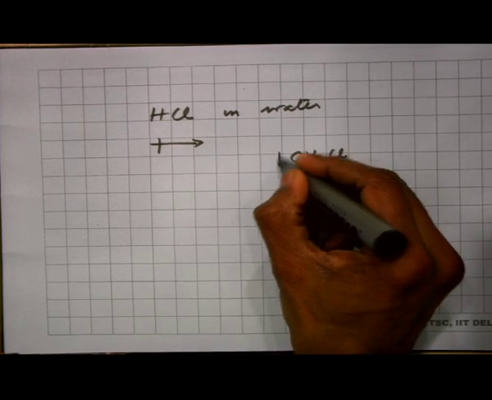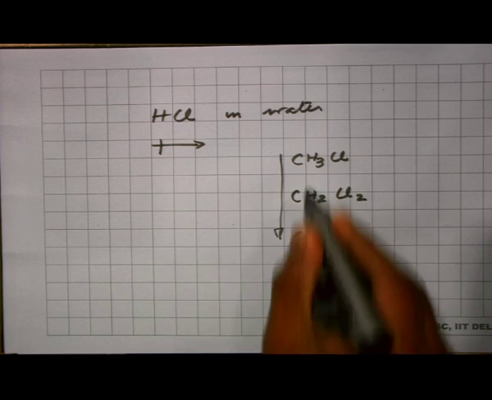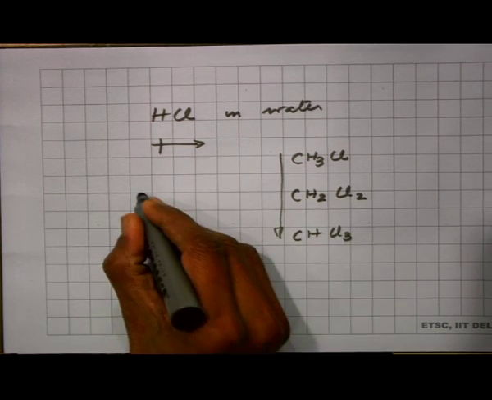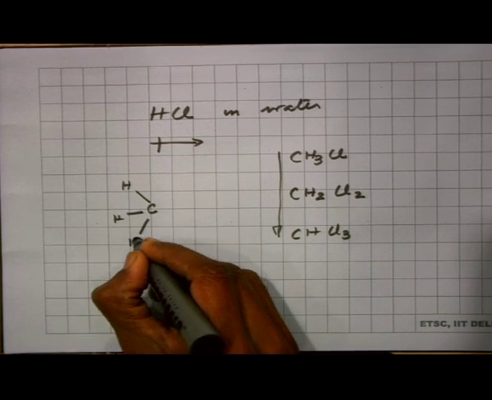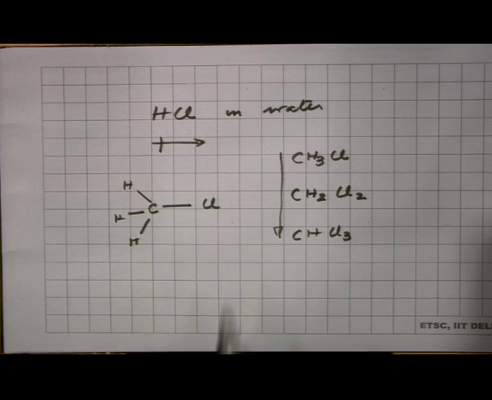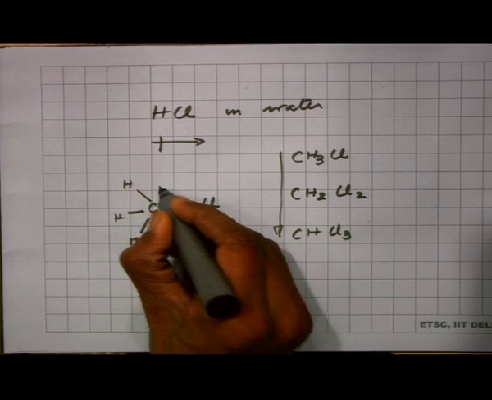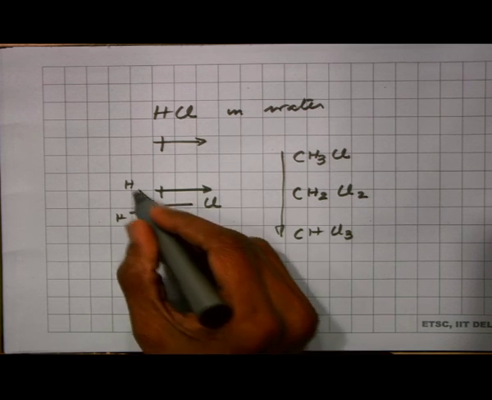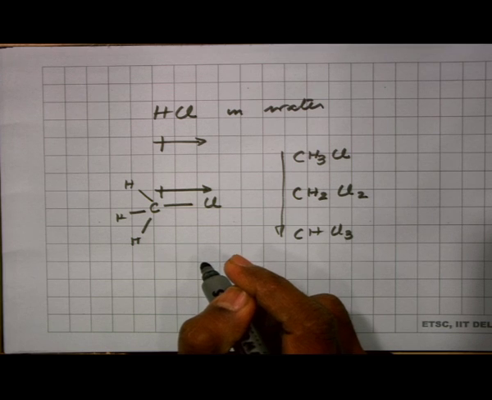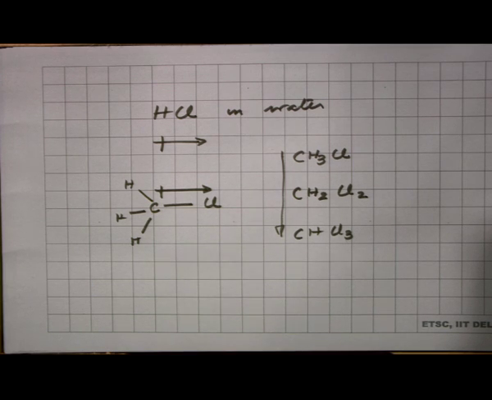This is a series. So, in CH3Cl, we have a dipole oriented in this direction. The electronegativity difference between carbon and hydrogen is small enough that you can ignore that.